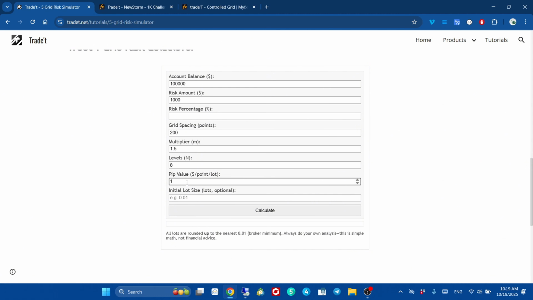Usually all the big forex pairs like USD, GBUSD, etc. XOD are 1 pip per dollar per lot. You can check this in the configuration of your broker, of course, and adjust it. And let's say I'm putting an initial lot size of 0.01.